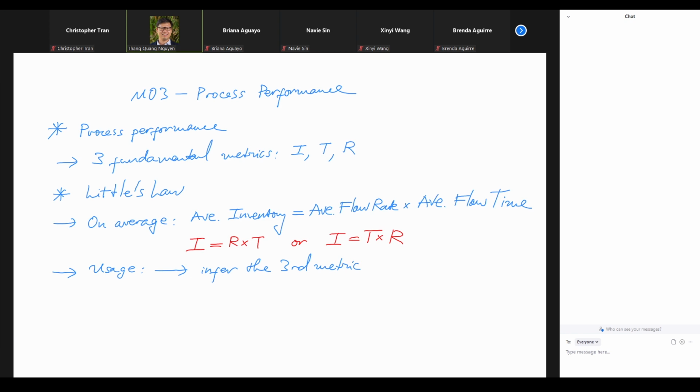And the second, also based on this equation, right? We can make predictions on the third metric or predictions on changes. Like if we know that during the holiday seasons, a lot of people will buy something, right? Then if you are at FedEx, UPS, or the post office, we know that the flow rate will increase.